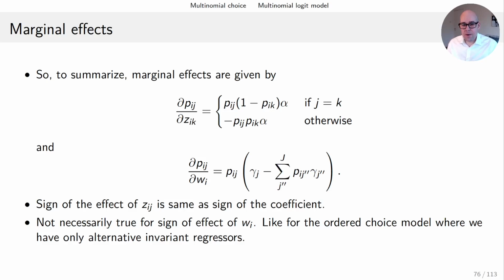Notice that all these three marginal effects are actually proportional to the choice probability. Okay, so when a particular alternative j has a high p, then its marginal effect will also be bigger.